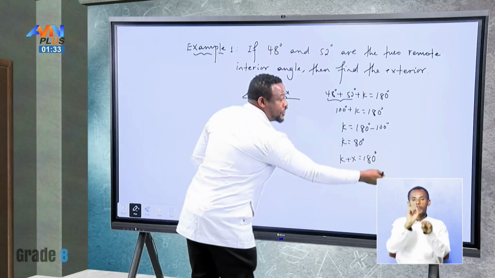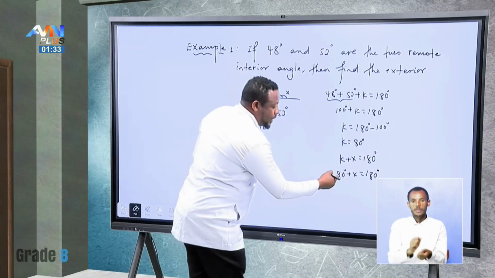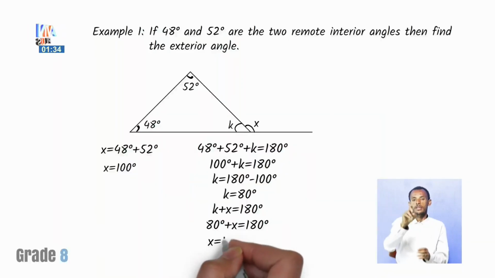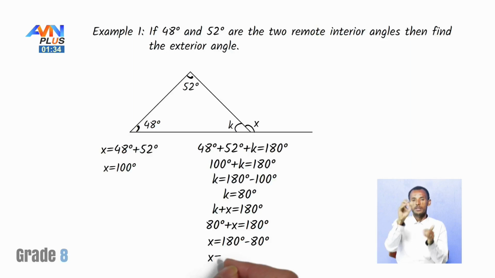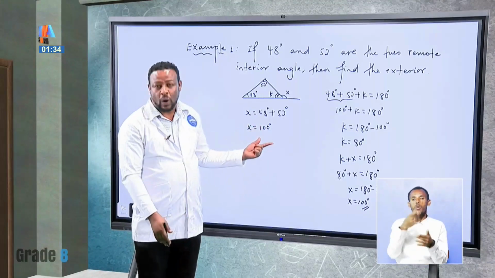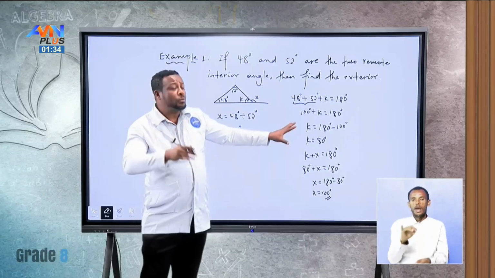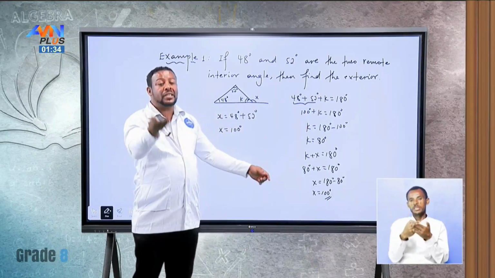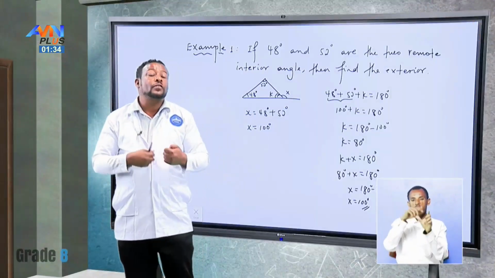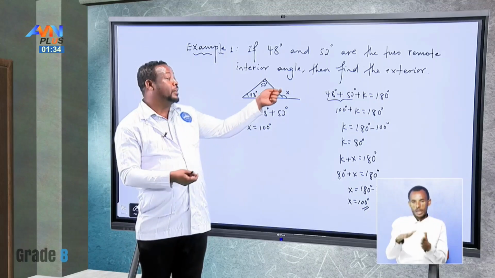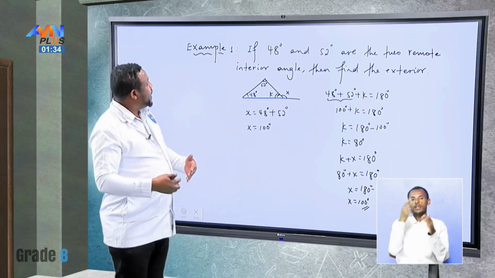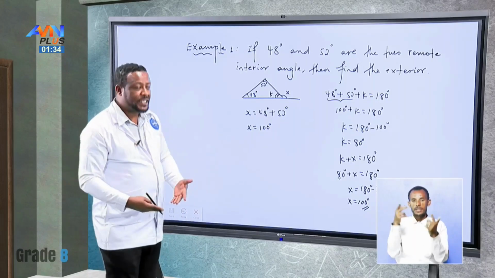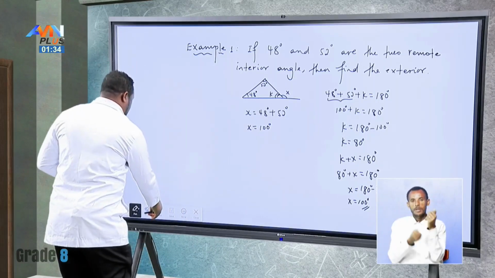So now you can transform this, then X becomes 180 degrees minus 80 degrees, which is X equals 100 degrees, the same as what we have here. I'm sure you don't prefer this way of finding the exterior angle, but there are different ways to find the unknown variables you have here. Okay, so this is the first example. Now let's see the second example regarding exterior angles.